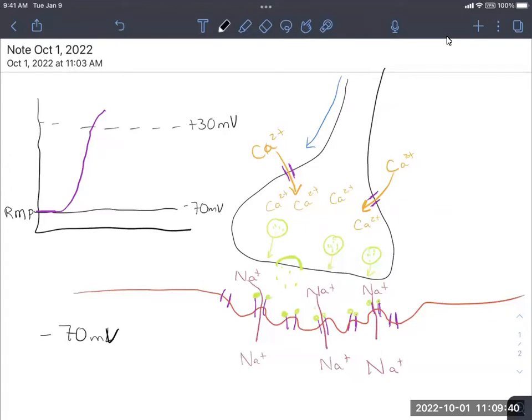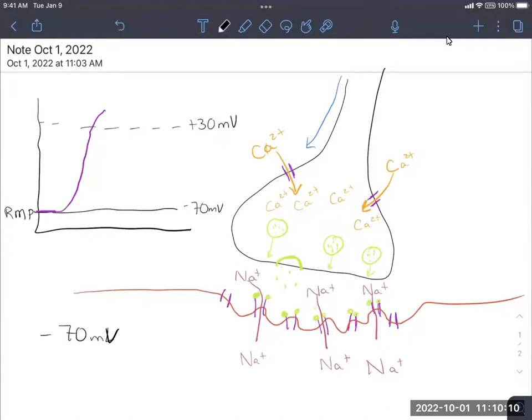I only drew a few, but sodium is constantly rushing in, really fast, lots and lots of sodium. That causes the cell membrane potential to go from negative 70 all the way up to positive 30. We're getting so many positive ions flowing in. It's going to keep making that membrane more and more positively charged.